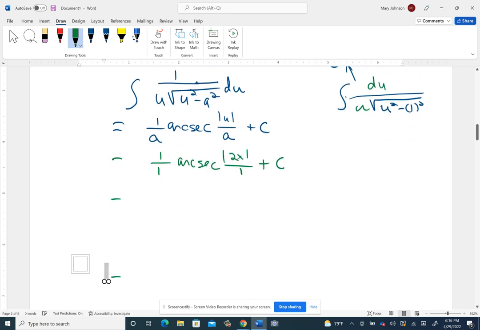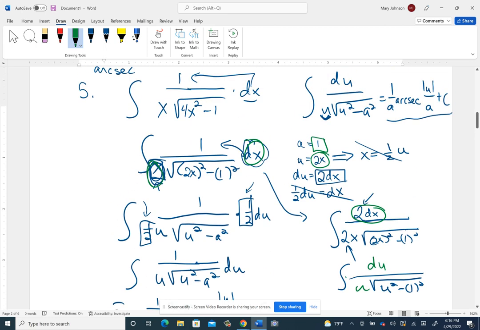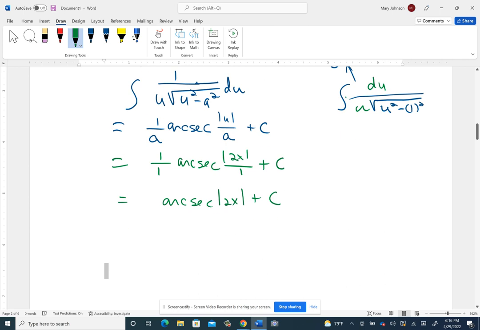And that simplifies a little bit, okay, to just arc secant absolute value of 2x plus c. And you're done. So that was the second one on the problems out of the book that they recommended you do on the study guide for the final. Okay. All right.